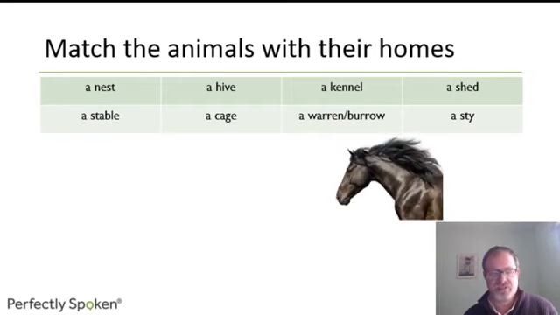And then we've got a beautiful horse. As you can see, the hair there, the mane of the horse. As I said, lions and horses both have manes. So a horse lives in a stable.